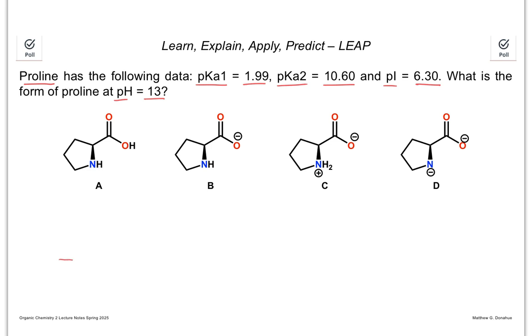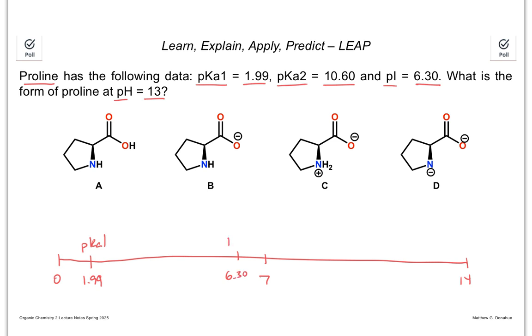So we'll start off with just drawing a line. So 0, that's the acidic pH. 14, that's the basic pH. The midpoint 7, that's the neutral or physiological pH. Let's go ahead and plunk in our pKa values. So 1.99, that was pKa1. 6.30, that was our pI value.